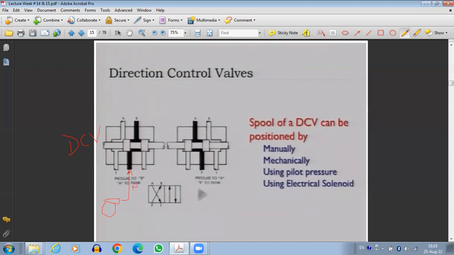On the other hand, we have the actuator, which is composed of a cylinder and a piston, and obviously there will be two ports from this.